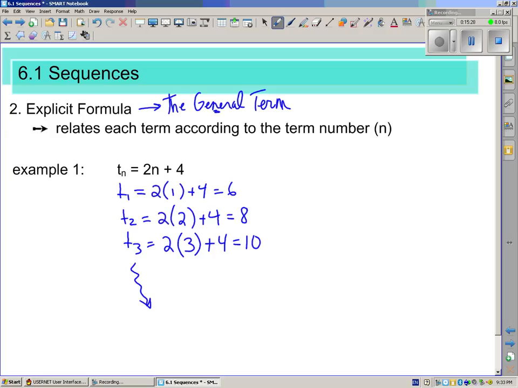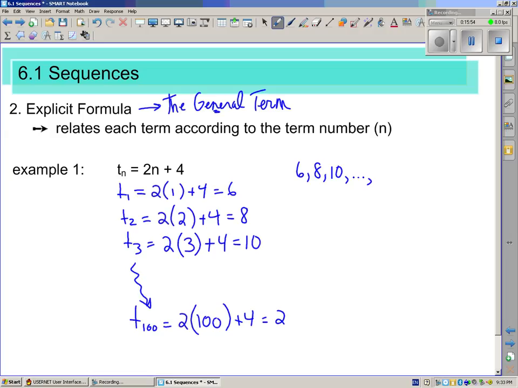Do you want to see the power in this? I want to know, what is term 100? So right now, this goes 6, 8, 10, and so on. What is term 100? I don't need to know what term 99 is to do this. Term 100 is 2 times its place number, so it's placed on 100th position, plus 4.